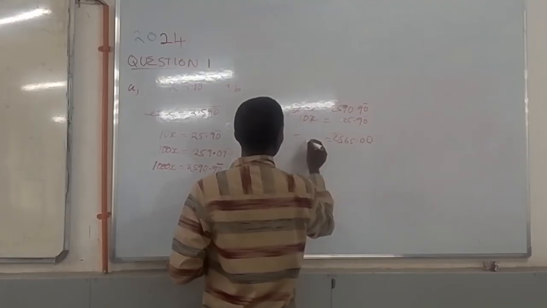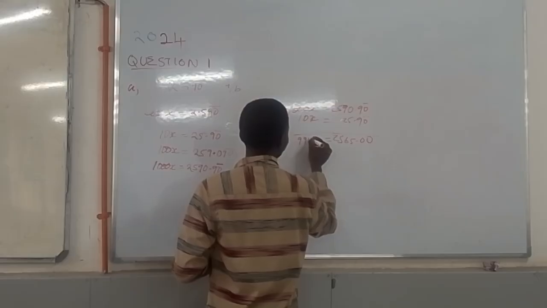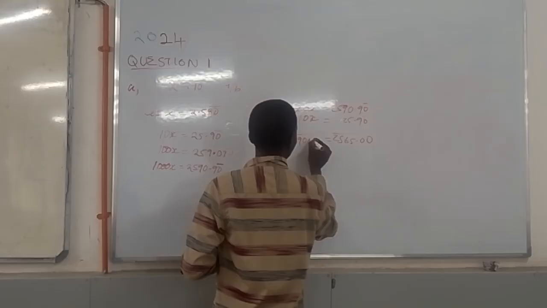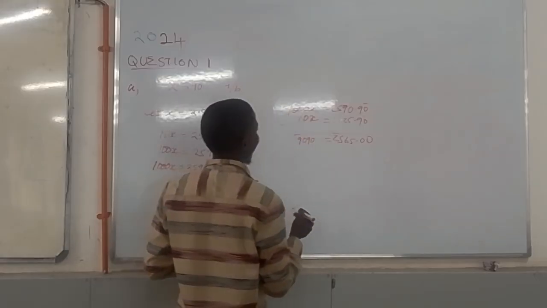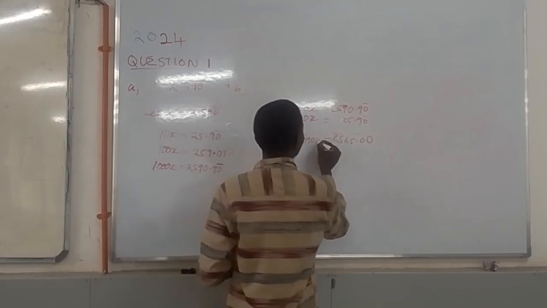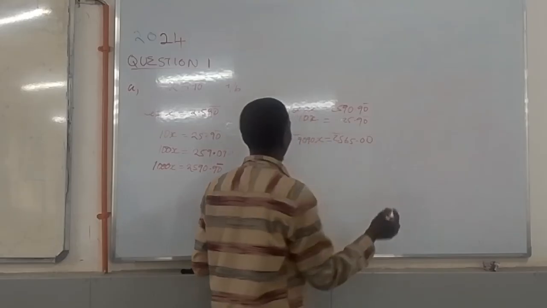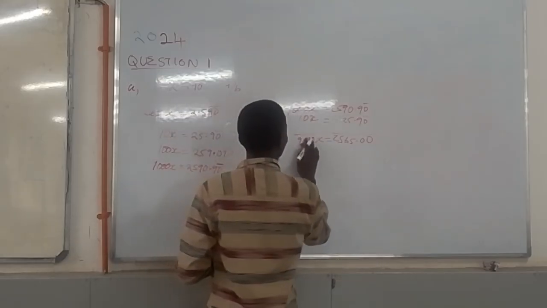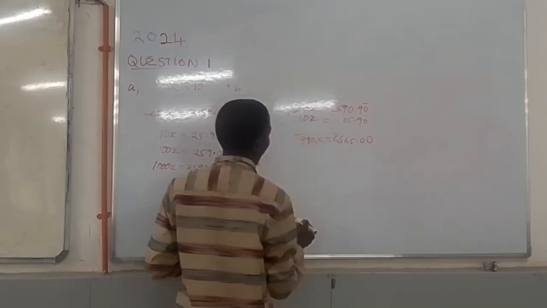And then 1000x minus 10x is 990x. Is it correct? 990. Yeah, like this.